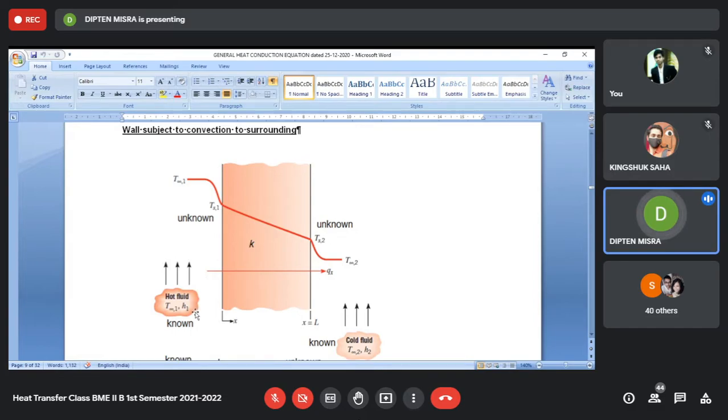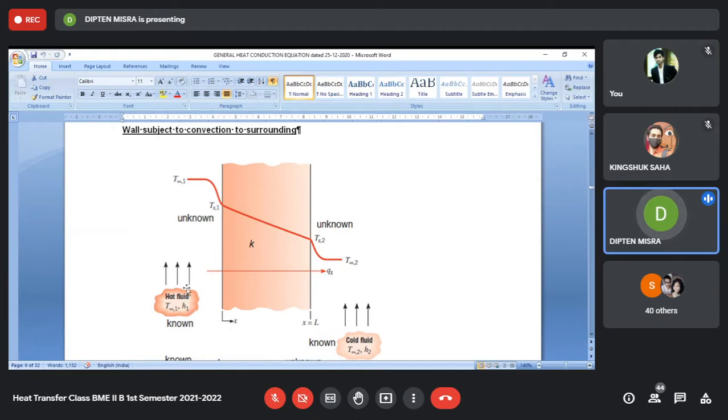Depending on the conducting nature of the fluid, the value of h also will change. If the fluid has a poorer conductivity, then the value of h will be low. If comparatively the conductivity of the fluid is high, then the value of h will also be high. Not only that, even for the same fluid, if the fluid flows at a smaller velocity, the value of h will be smaller, and for a larger velocity of flow, the value of h will be larger.